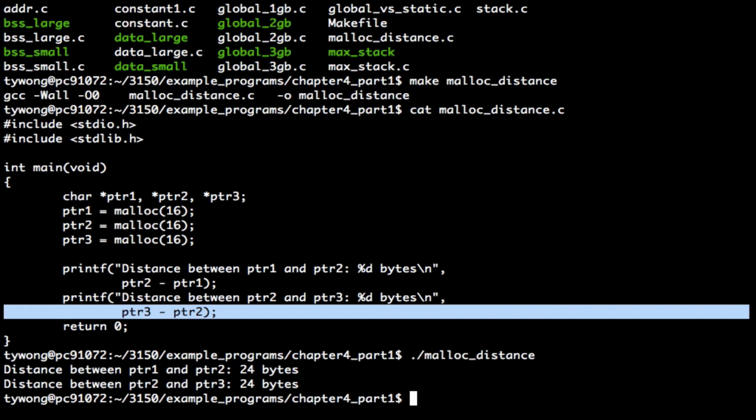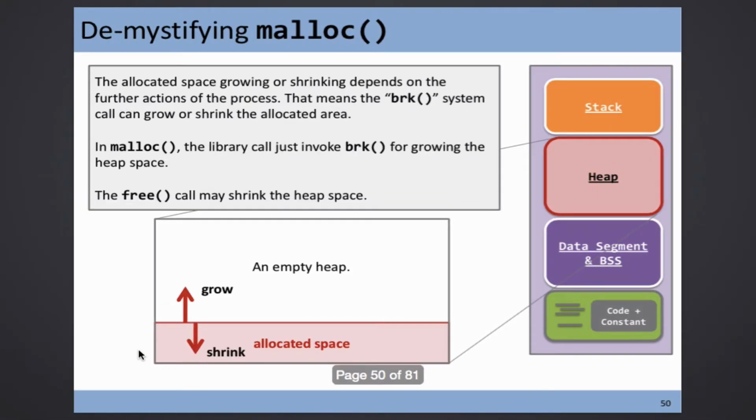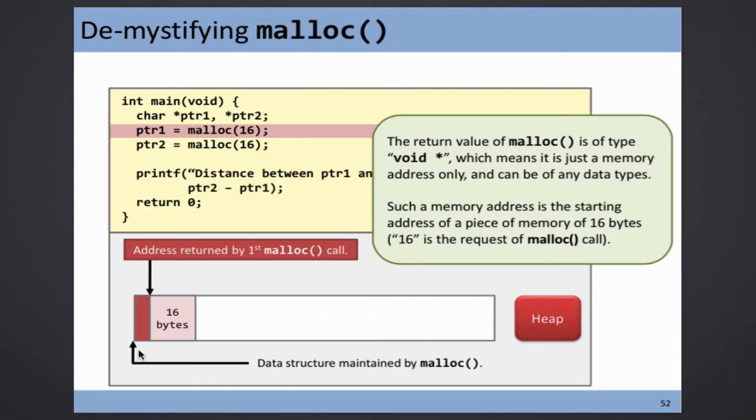The distance is not 16 bytes. The first malloc call and the second malloc call return you the starting address of that memory block. Because these two malloc calls are adjacent, you would suppose they stick together, but no. You have 8 more bytes that were created for you. And what is that? It's this deep red block.